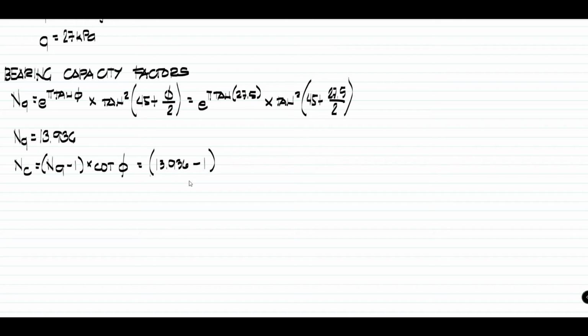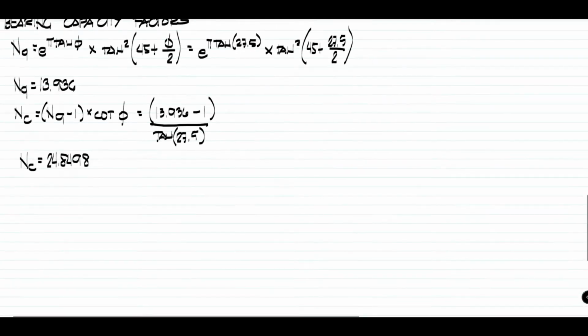So pwede natin gawin na divided by tangent tapos 27.5. So our NC now will just be equivalent to a value of 24.8498. So yan na ngayon yung ating NC.